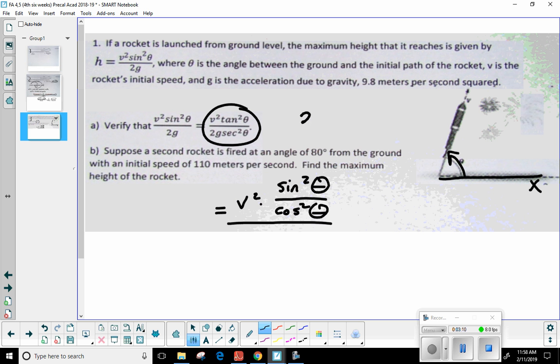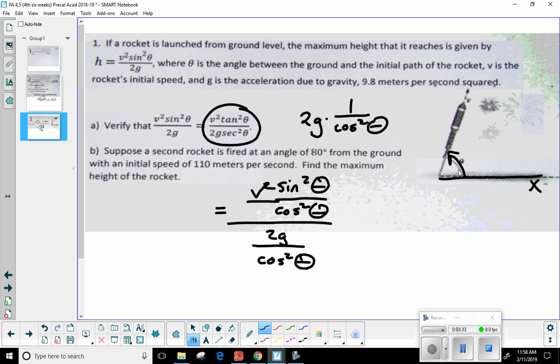Now, if I were to write that out, that'd be 2g times 1 over cosine squared of theta. So I could go ahead and multiply those and just have one fraction. So 2g over the cosine squared of theta. And I could actually even do the same thing here, multiplying that fraction by v squared. V squared would be up in the numerator.